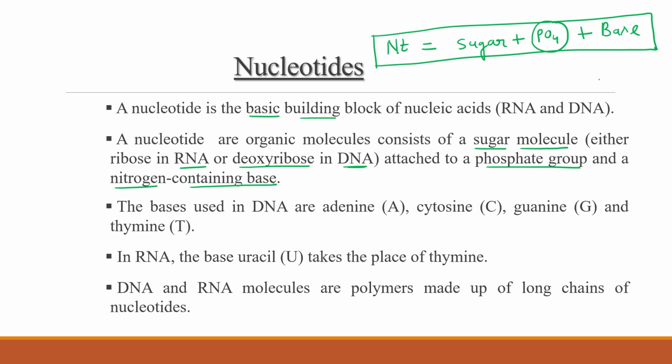And the nitrogen bases for DNA are adenine, cytosine, guanine, and thymine. In the case of RNA, thymine is replaced by uracil. DNA and RNA molecules are polymers made up of long chains of nucleotides.